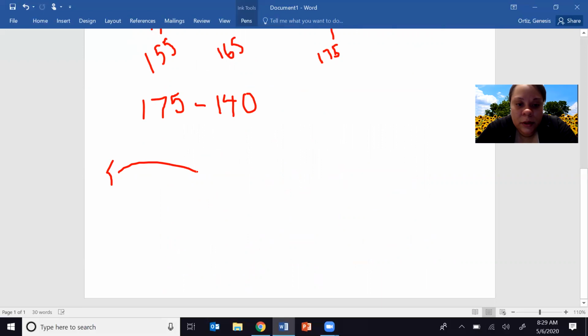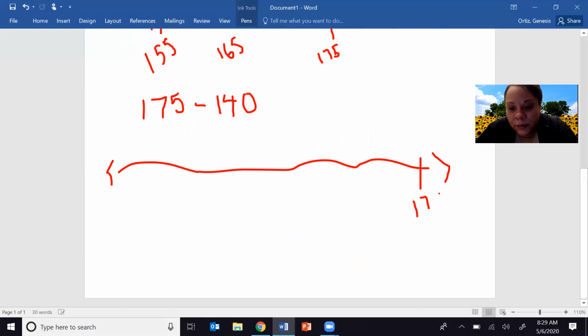So I'm going to put my number line. Remember with subtraction, you start on this end. So I'm going to do 175. How many hundreds do I have? I have 100. So I'm going to do minus 100, which equals just 75 because I only have 100.